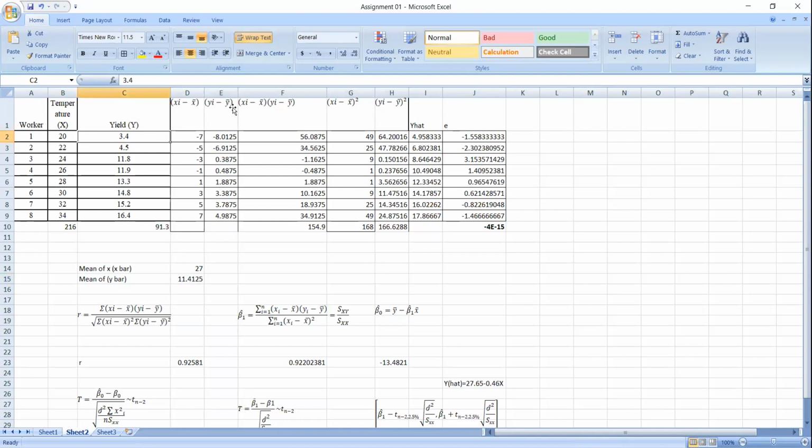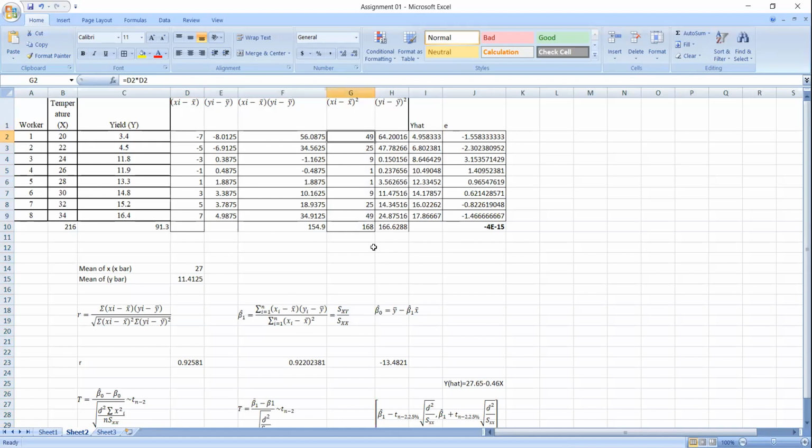So I get yi minus y bar. Then we multiply the two values, that is xi minus x bar into yi minus y bar. And in column G, I have the xi minus x bar squared value. That is, I have taken the square of the xi minus x bar value.